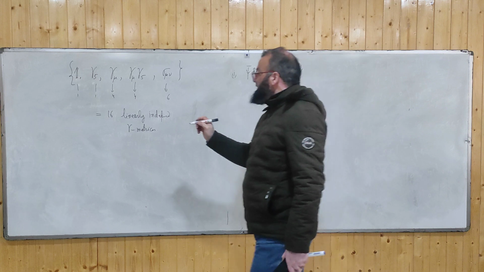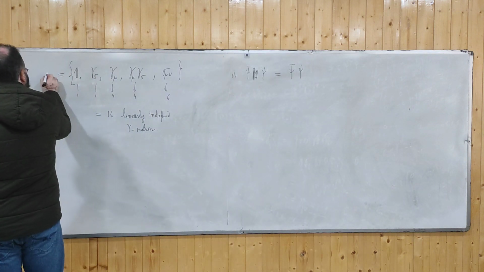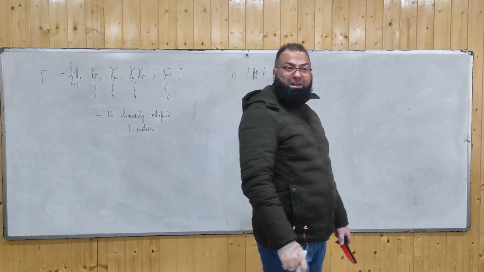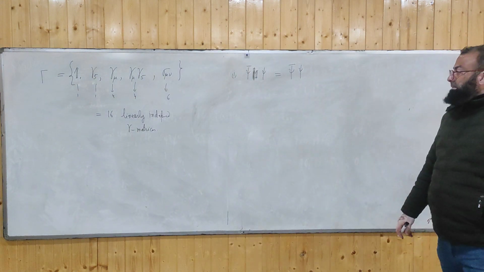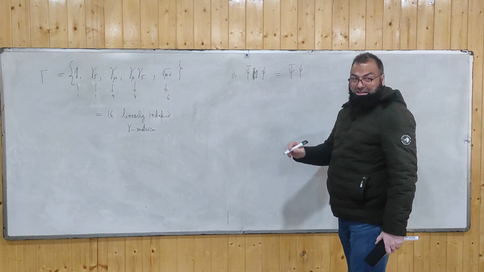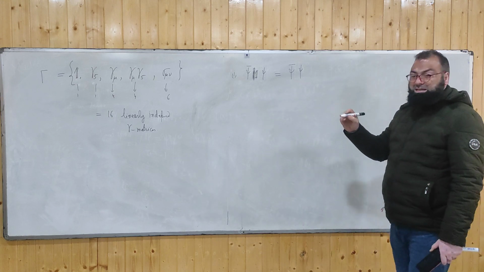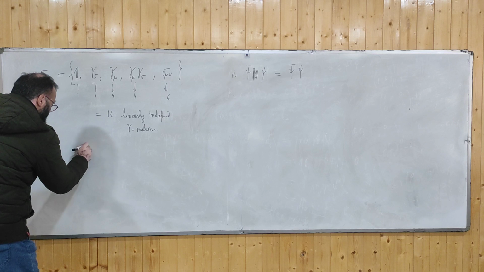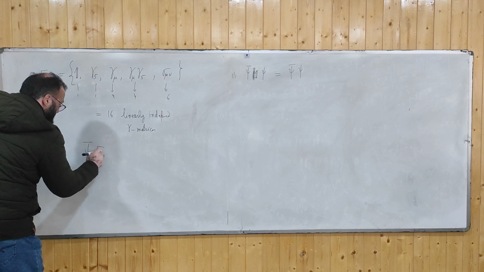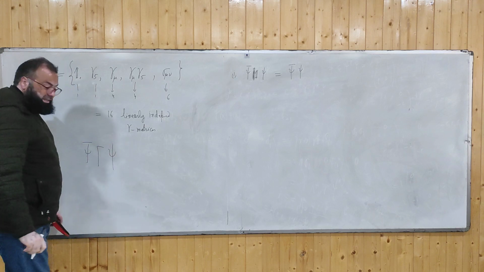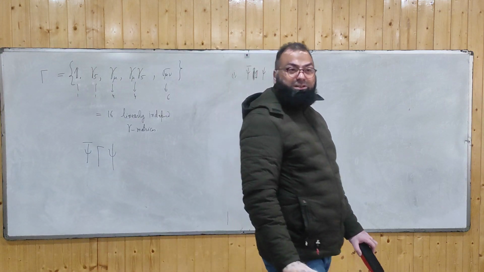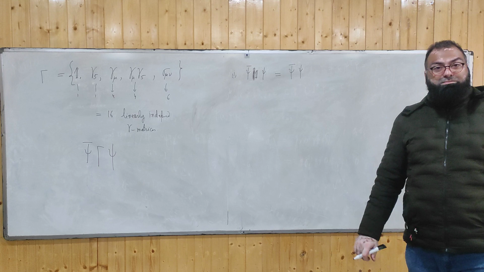Let's call this set of matrices capital gamma. Using these we can construct these kinds of products, and we need to check how they transform. We can construct in general psi bar gamma psi. This kind of product we can construct in general. Clear?